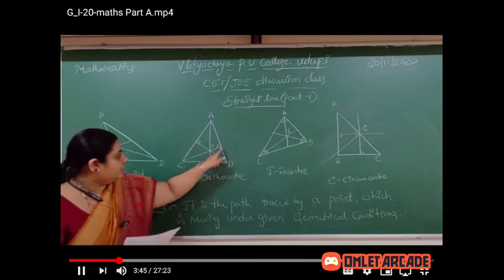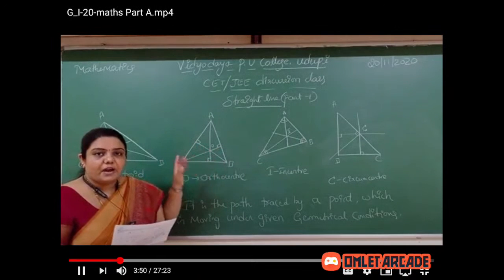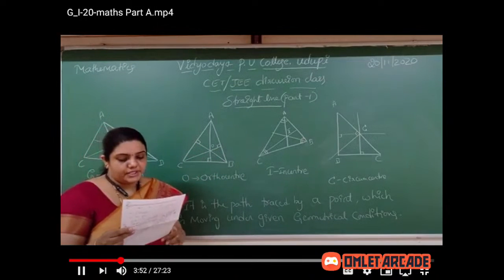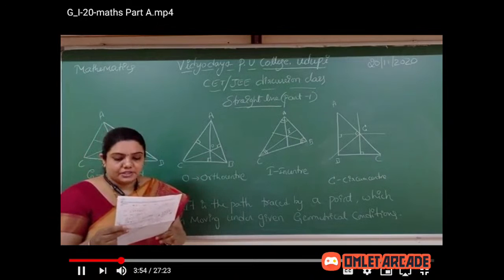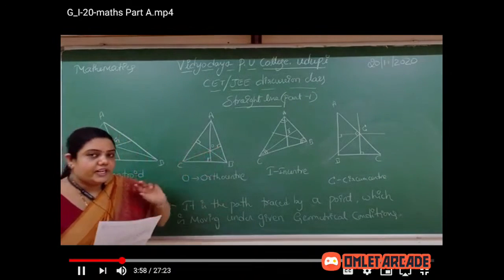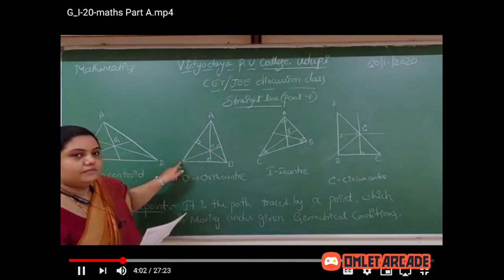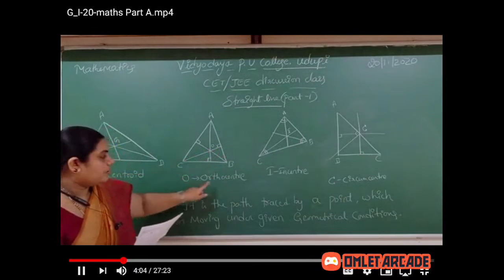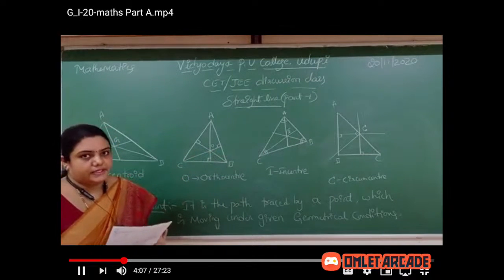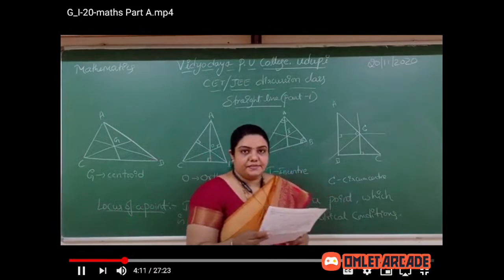Similarly, this is a height. I mean it is the intersection of altitudes, isn't it? See the definition once again. It is the point of intersection of three heights of a triangle. And when you are taking heights, it should be perpendicular, isn't it? And opposite to the vertex. So this is what the orthocenter is.